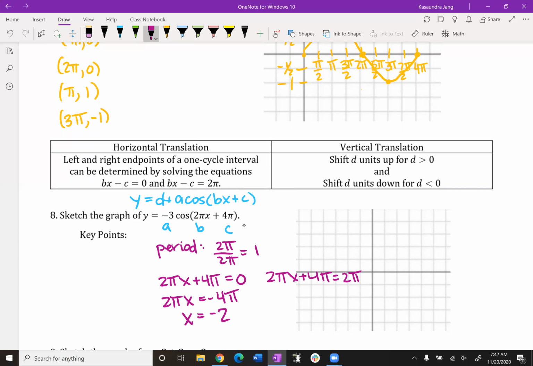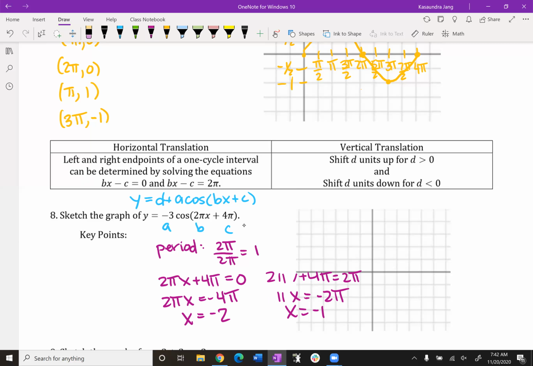So I'm ending with a negative 2. Now, if it starts at negative 2 and I have a period of 1, it's probably going to end at negative 1. Let's check this out. On this equation, I subtract 4 pi and divide by 2 pi again. So negative 2 pi divided by a positive 2 pi is a negative 1. Okay, that makes sense.